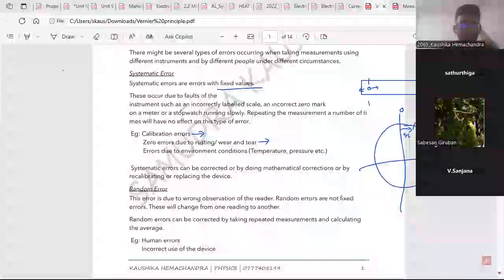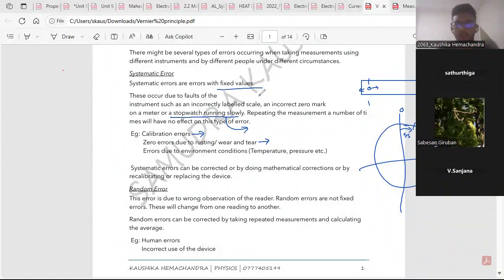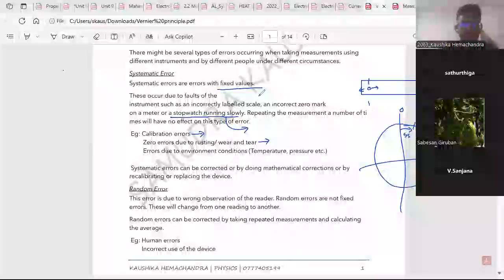For example, the stopwatch running slowly might be not because of a battery problem, but rather a problem in the mechanical operation of the stopwatch inside, no? So we have to recalibrate it, give it to a watchmaker and recalibrate it. Otherwise, if it's due to a battery error, just change the battery.